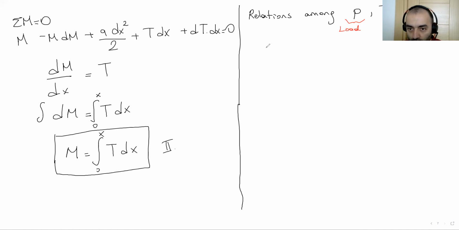I'm going to draw the table now. Load, which is P. The shear force, T. Just a second.